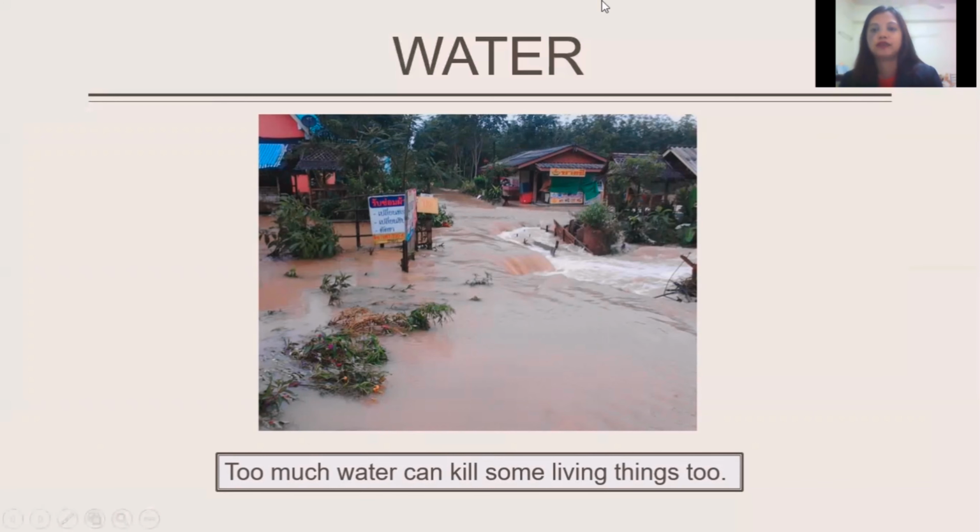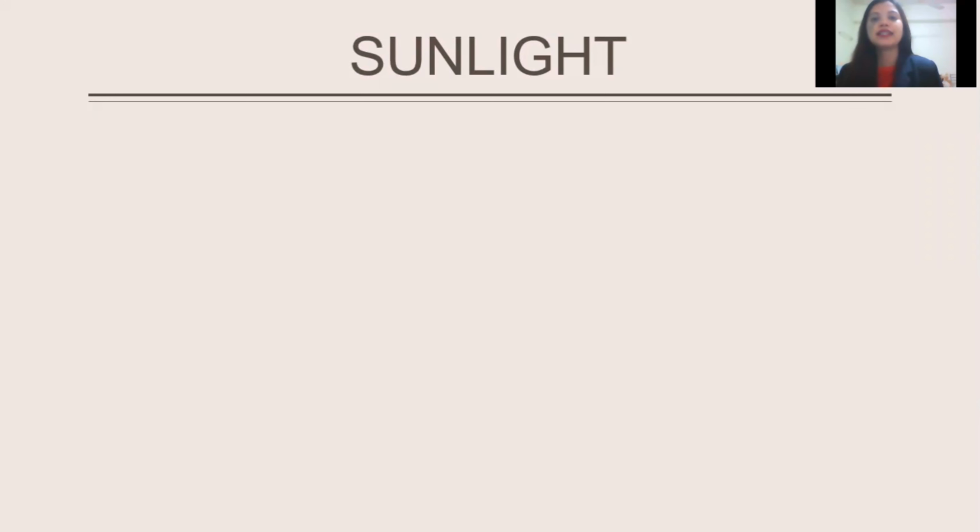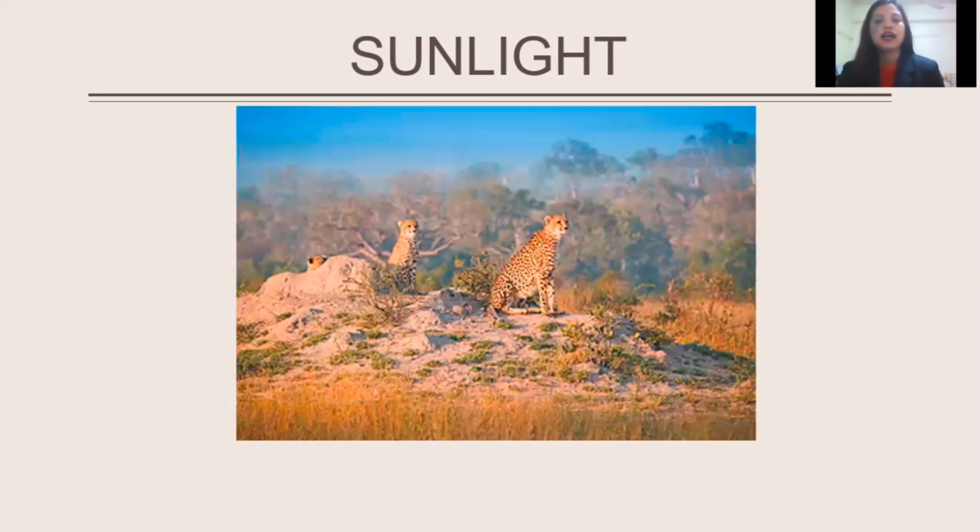Okay, now let us discuss the interactions between living things and the sunlight, which is the non-living thing. For example, here are the cheetahs. What do you think is the interaction between the cheetahs and the sunlight? Do you have any idea?